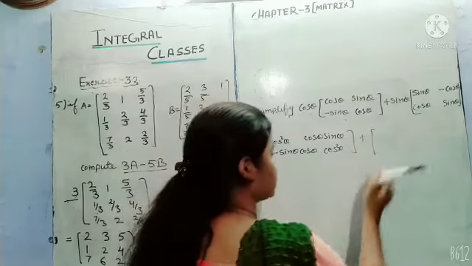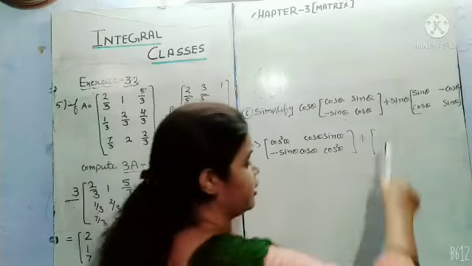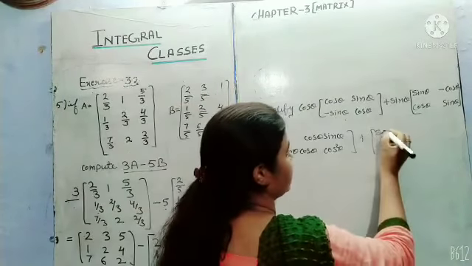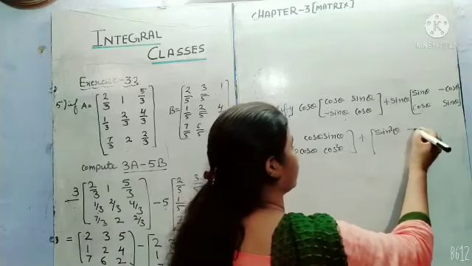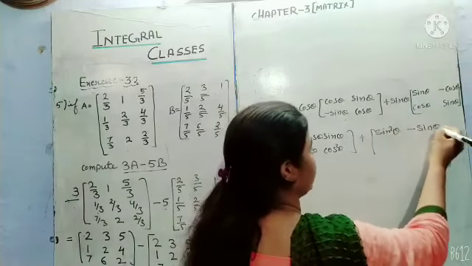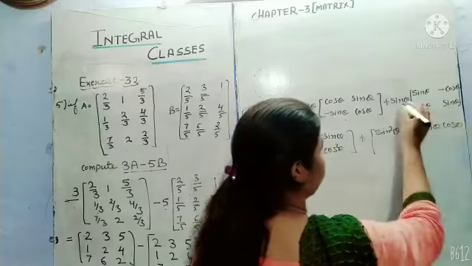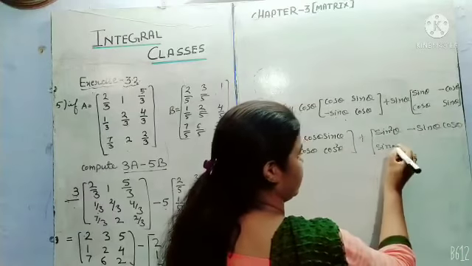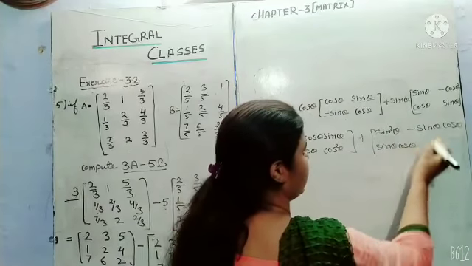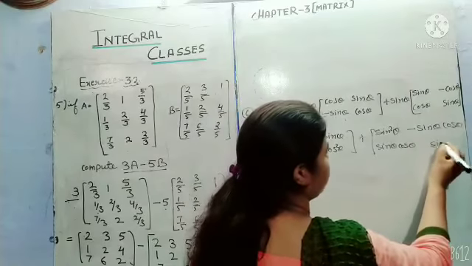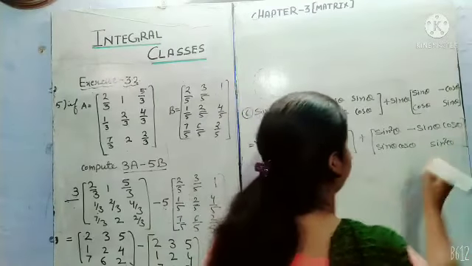Similarly, we multiply sin theta: sin square theta, minus sin theta cos theta, then sin theta cos theta and sin square theta.